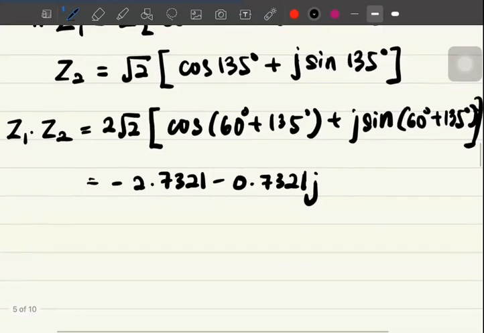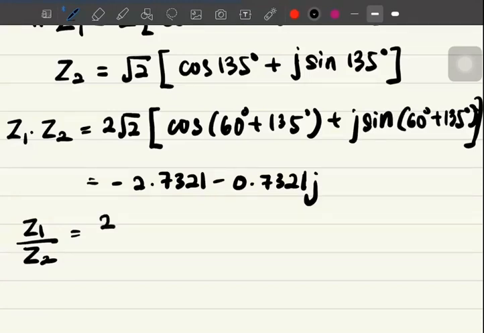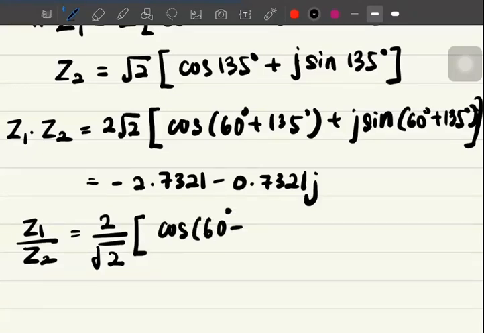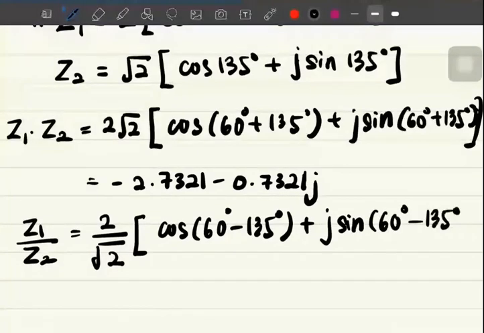If we want to divide, so Z1 over Z2 is equals to 2 divide with square root 2, cos 60 minus 135 degree plus J sin 60 minus 135.